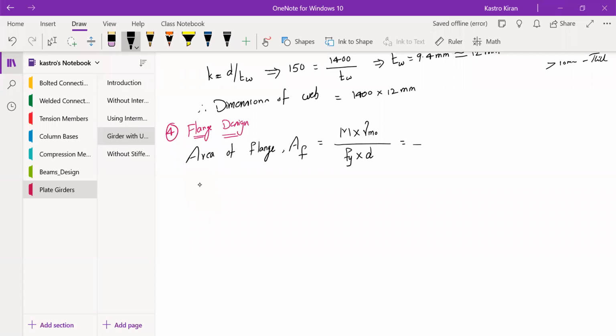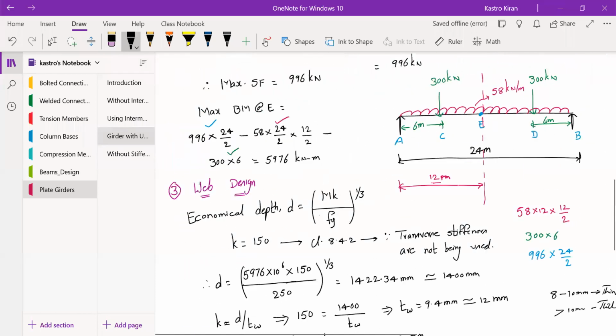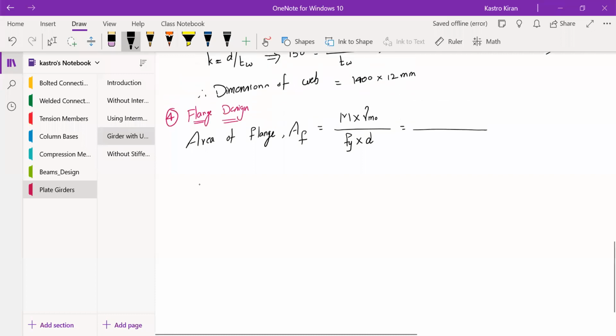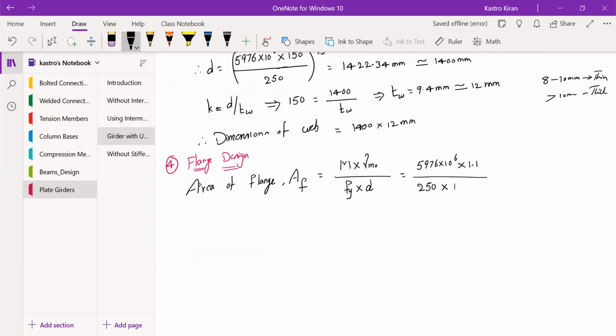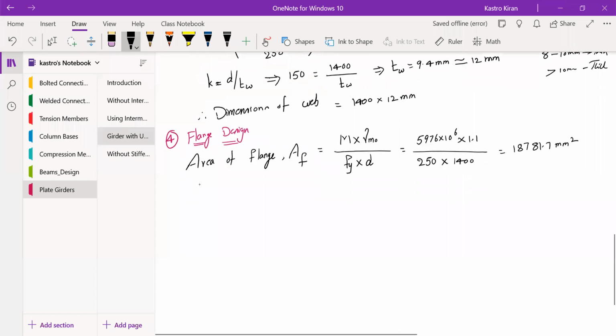You know the moment value, which is 5976 into 10 power 6, and gamma m naught value is taken as 1.1, and Fy value is 250, and D, which is the economical depth, is 1400 mm, which we have got in the previous step. So this gets equal to 18781.7 mm square. So this is the total area of the flange.